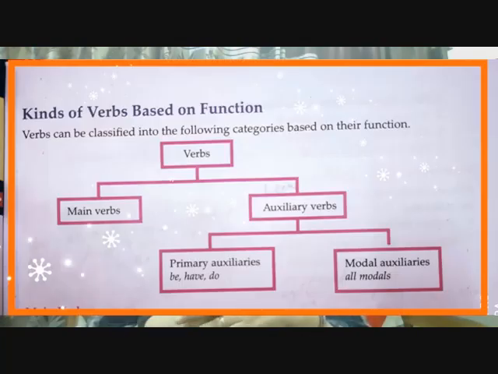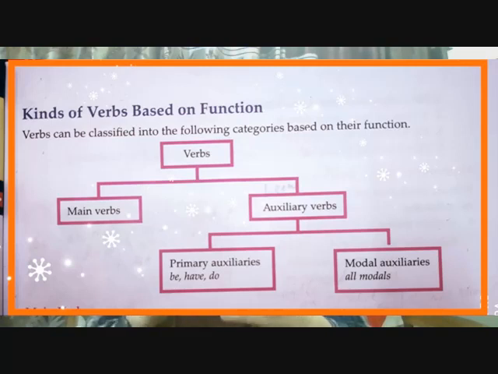Now, after understanding what a verb is, students, let us now discuss more about the verbs based on their function. On your screen, you can see that it is classified into two categories based on its function or action. Verbs are classified into two main categories, that is main verbs and auxiliary verbs.